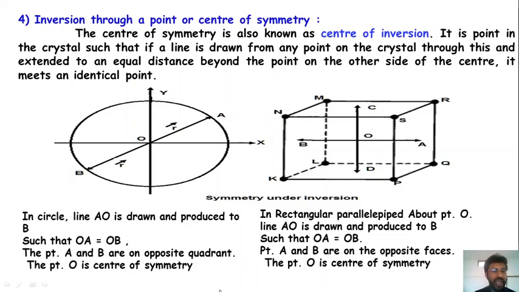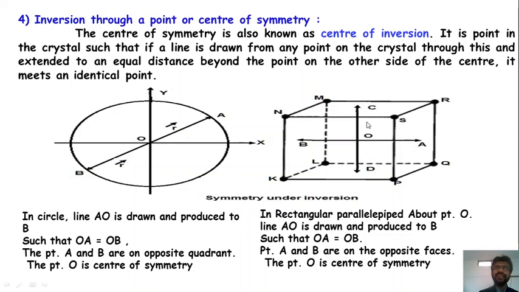The points A and B are in opposite quadrants. So here there is a symmetry, and that is known as the center of symmetry. Now we can observe such a type of symmetry in this rectangular parallelepiped also. Suppose this point O is at the center of this parallelepiped.